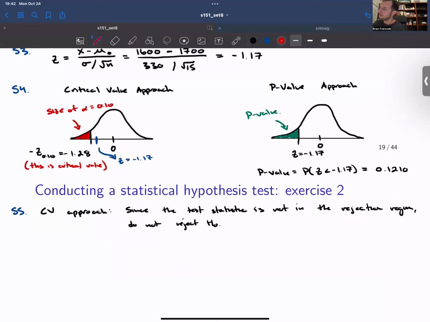So my decision based off the critical value is to not reject, and that is simply because the test statistic did not get into the rejection region.